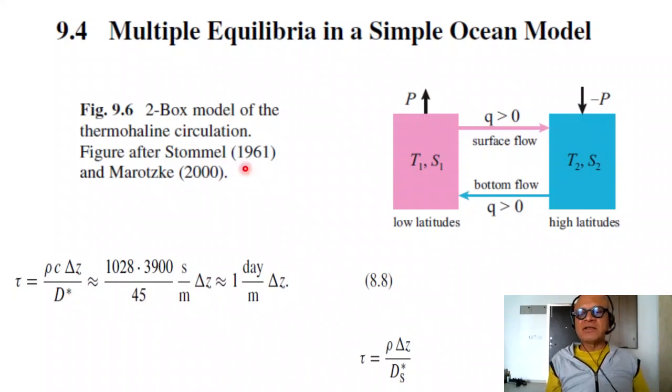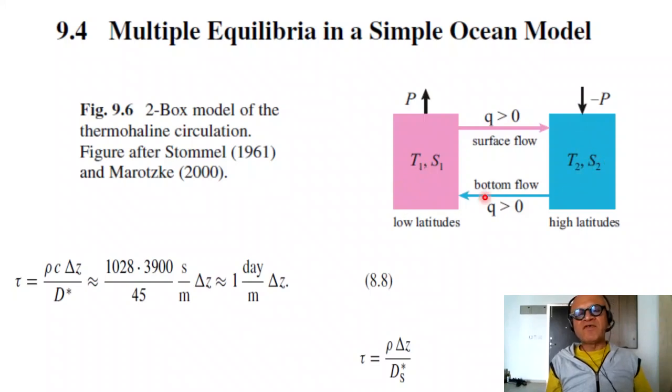Jakub Moravska did that in 2000, related to the basic idea proposed by Stommel way back in 1961. So here a low latitude and high latitude box is assumed with a temperature T1, S1 in the low latitudes, T2, S2 in the high latitudes. Colors indicate cold temperatures, warm temperatures.